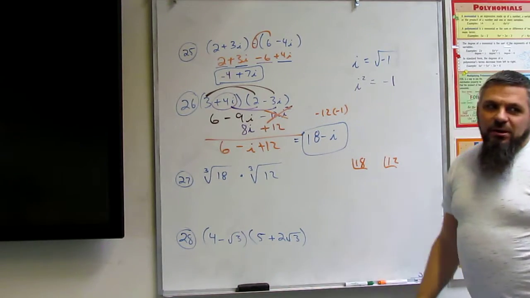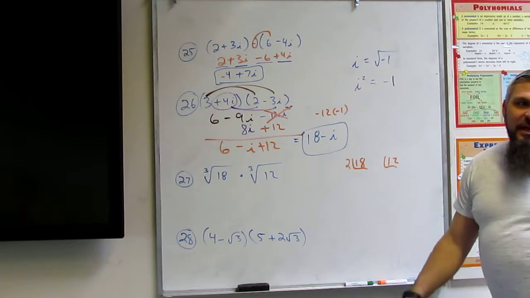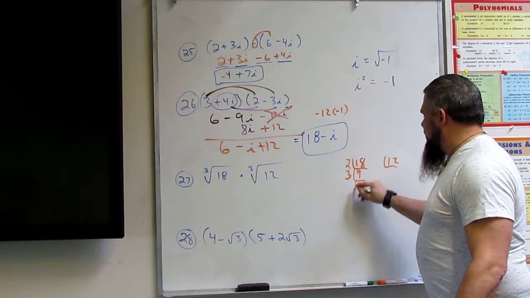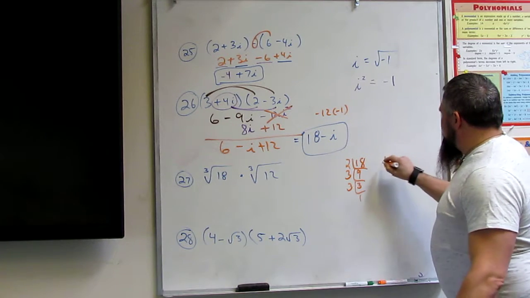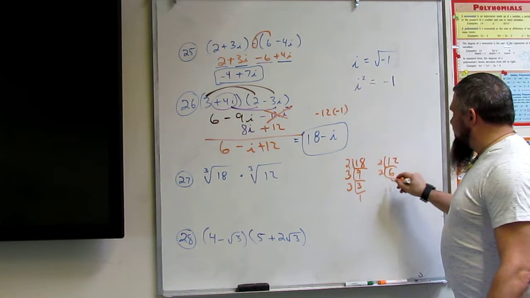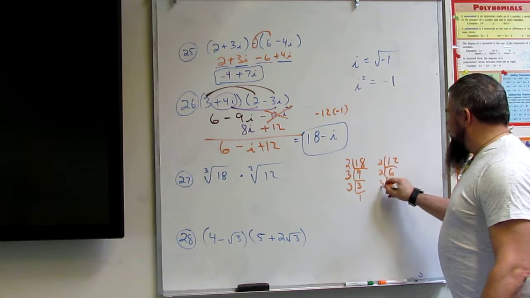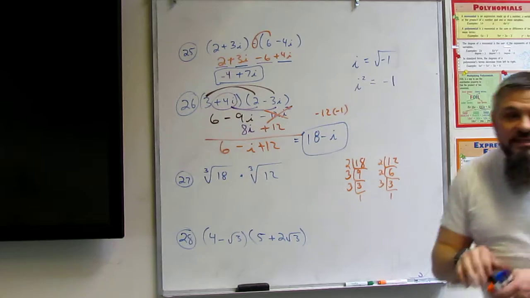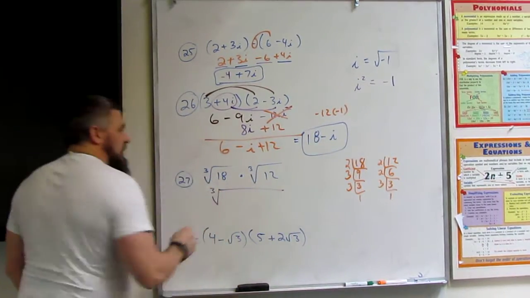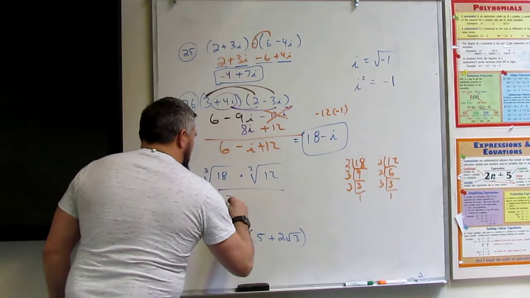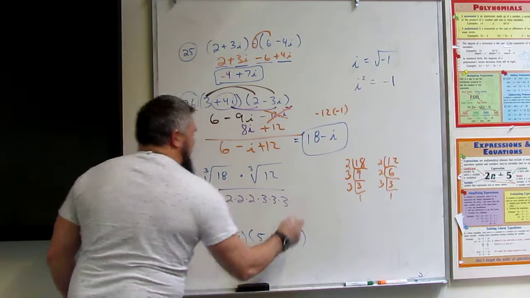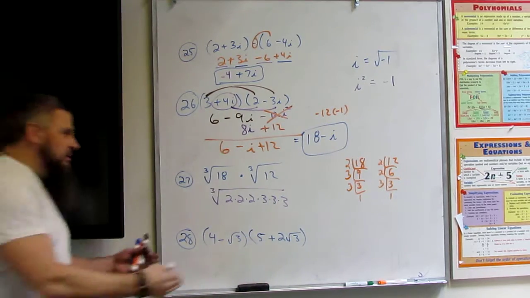So 2 goes into 18 how many times? 9. 3 goes into 9, 3 goes into 3, 1. 2 goes into 12, 6. 2 goes into 6, 3 goes into 3, 1. And so basically, this is the cube root of 2 times 2 times 2 times 3 times 3 times 3.